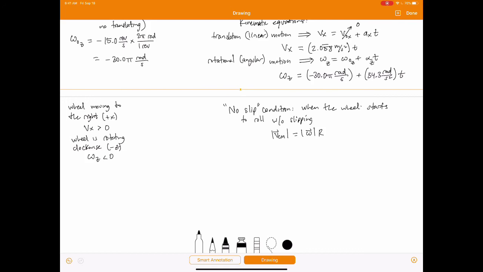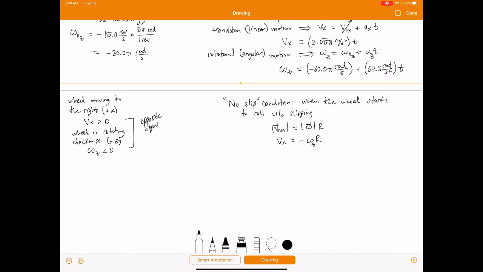So what we'd say then, using the no slip condition, is that Vx is equal to minus omega z times r, because, again, they have opposite signs. But they're related by a factor of r once the wheel starts to roll without slipping.